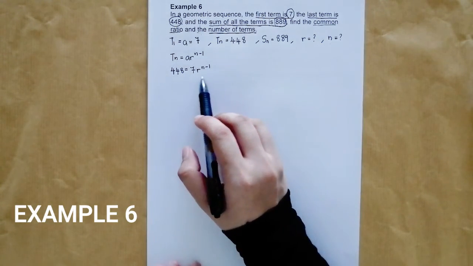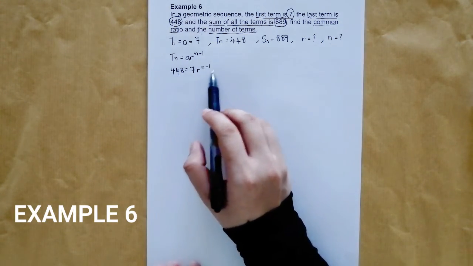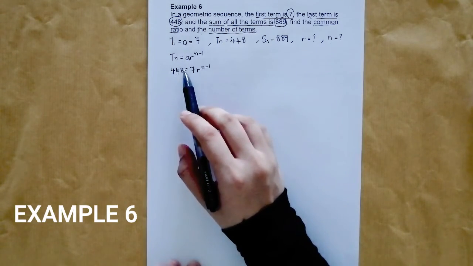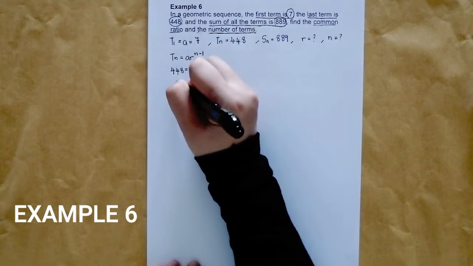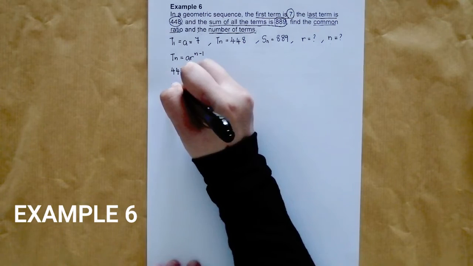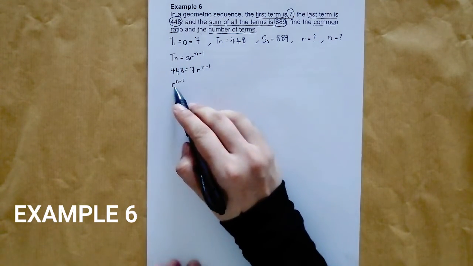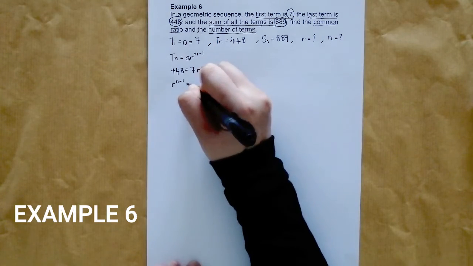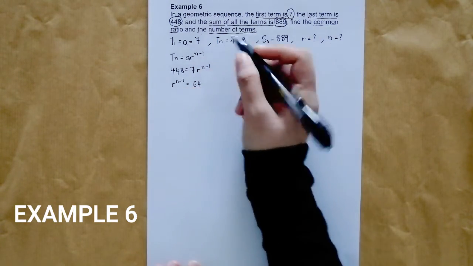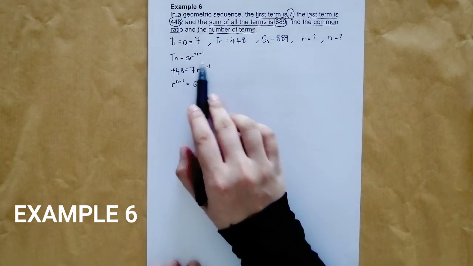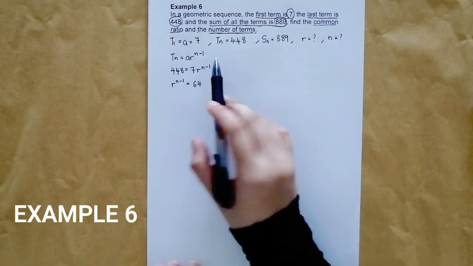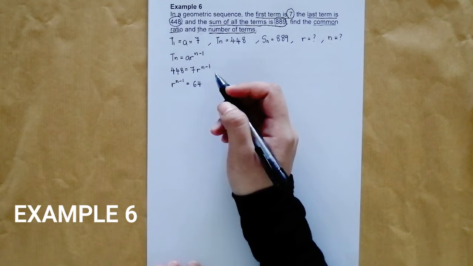We can divide this equation by 7, so you will get R to the power of n minus 1 equal to 64.